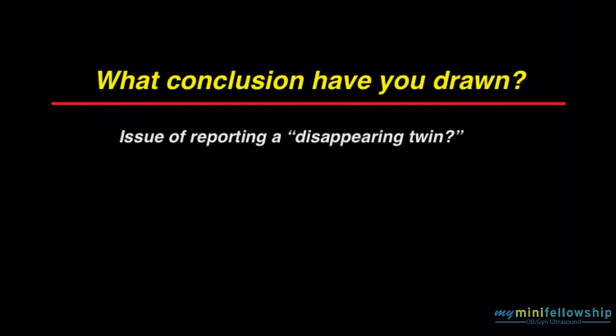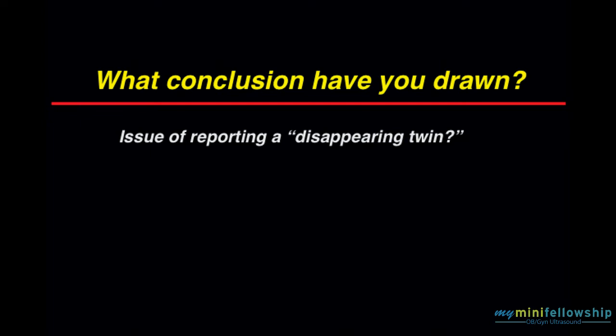Now, for 2 million years of human existence, we had absolutely no way of knowing about disappearing twins. And yet now we are causing grief that is literally multi-generational. Not only did the mother have to suffer through the knowledge, but she's now telling her daughter that her twin died.